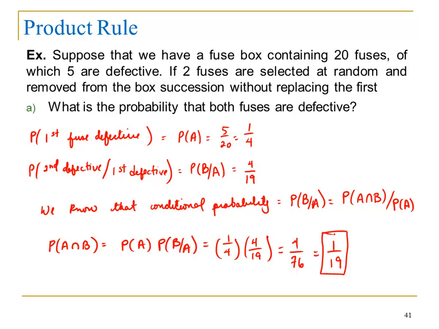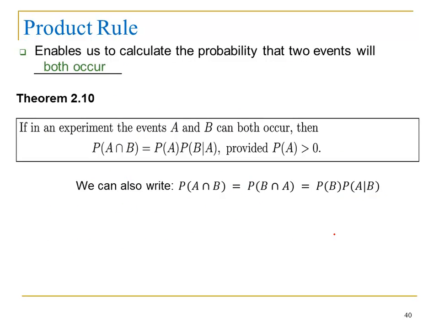Now we need to use that information to compute the probability of both being defective. We need to combine these two events. The probability of both being defective is the intersection of the events. Remember the Venn diagram, you're looking for the overlap between the two events. The only way that we can compute that is using the product rule that we discussed. The intersection of the events equals this expression.